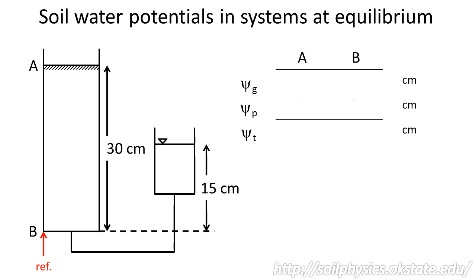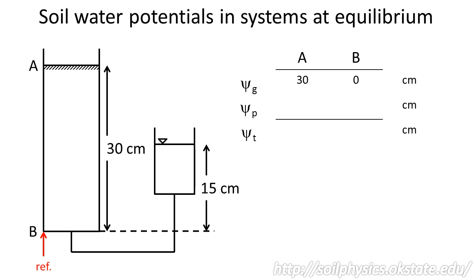Now we've moved the free water surface. In this case, the free water surface is only 15 centimeters above the bottom of the soil column. Our reference elevation is still in the same place. Let's see what our table would look like now. Our gravitational potential at B is still 0, and our gravitational potential at A is still 30 centimeters.